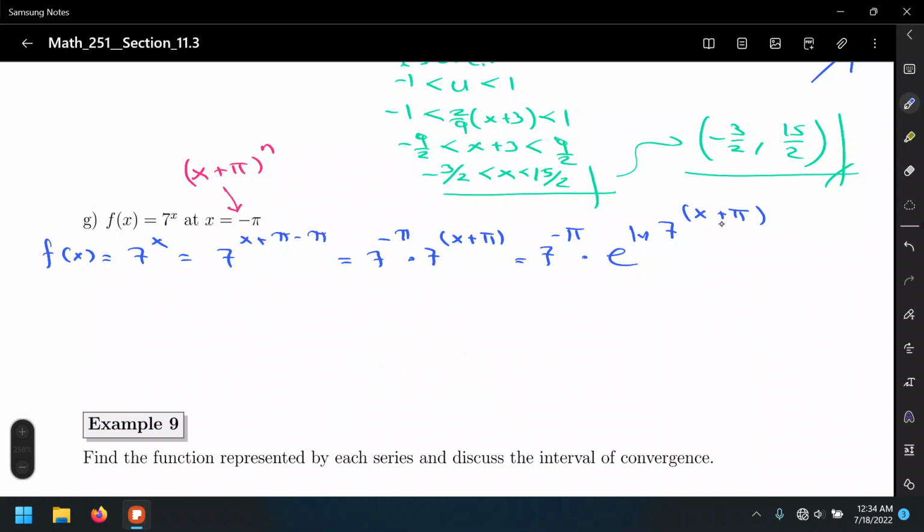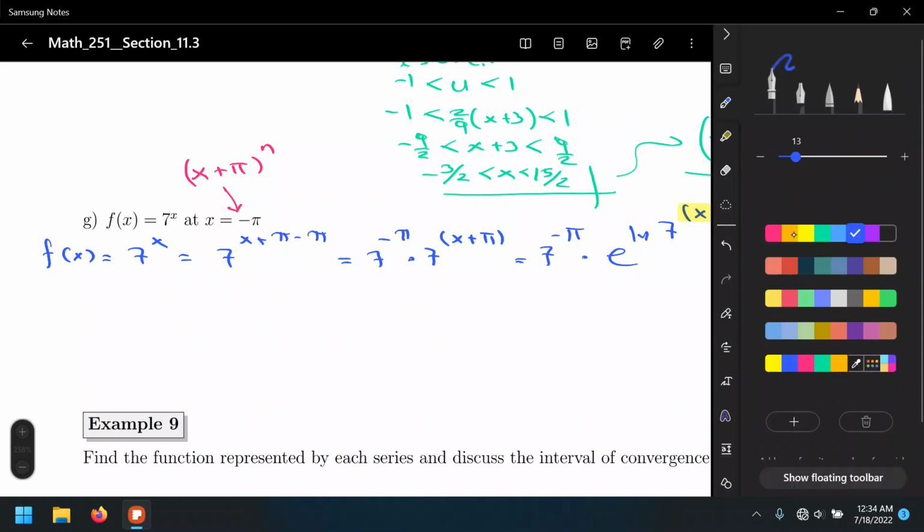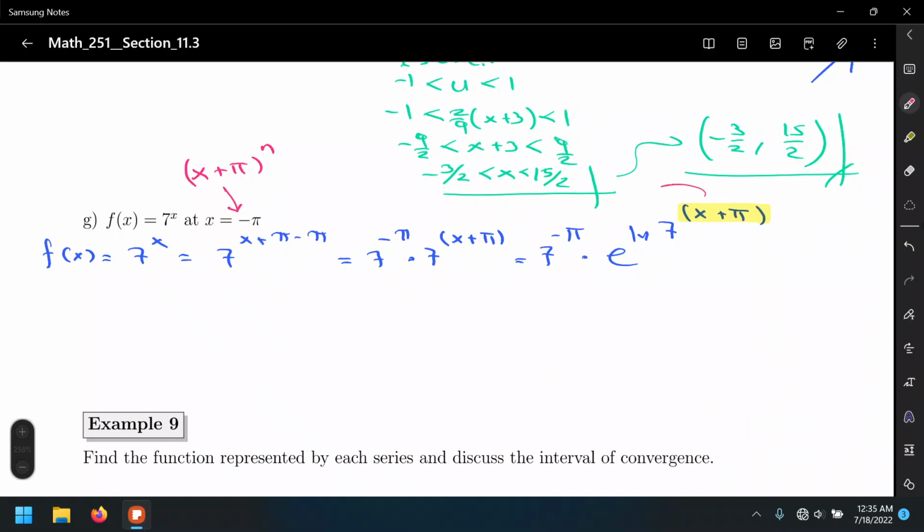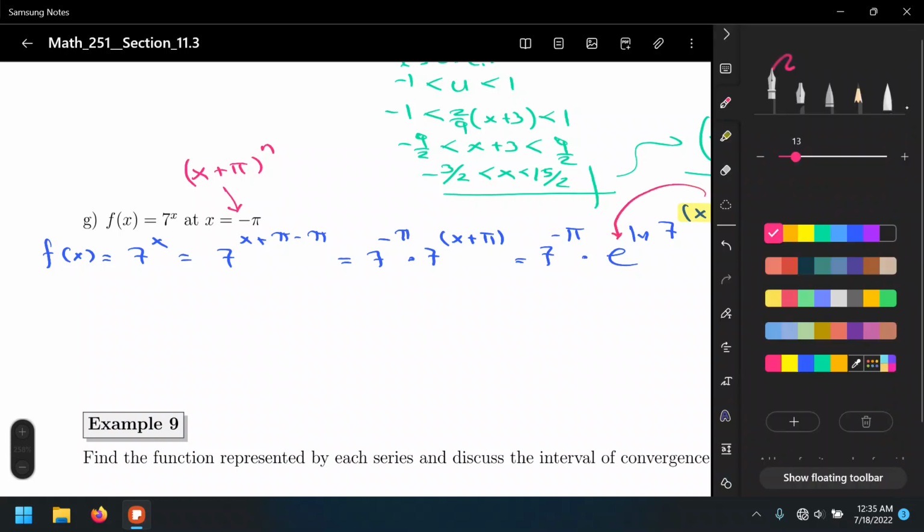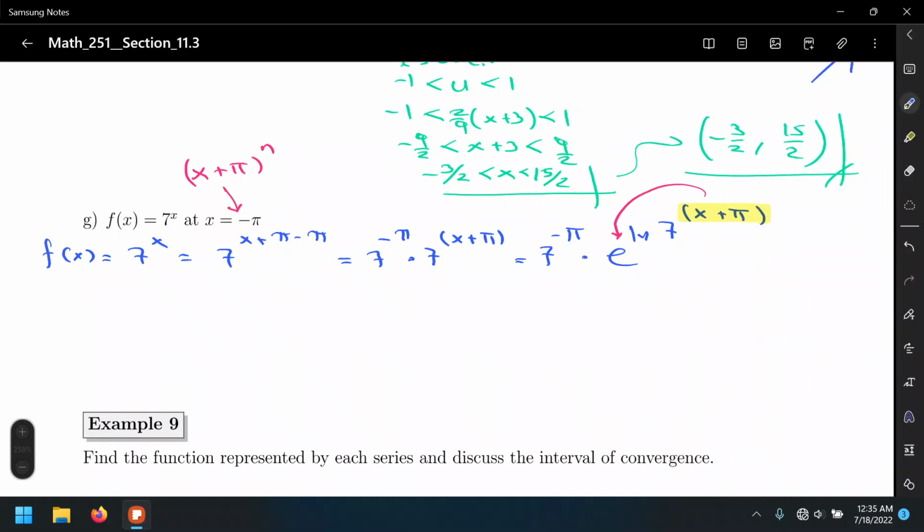The reason we do this is so we can do the following. We highlight this, and we're going to use the smackdown rule for natural logs. I'm going to write this in front of the ln, and this will be 7 to the negative pi times e to the x plus pi ln of 7, and we now have an exponential function of base e.